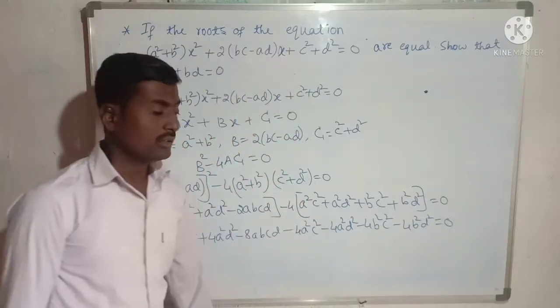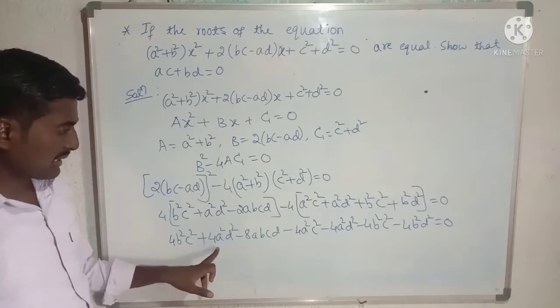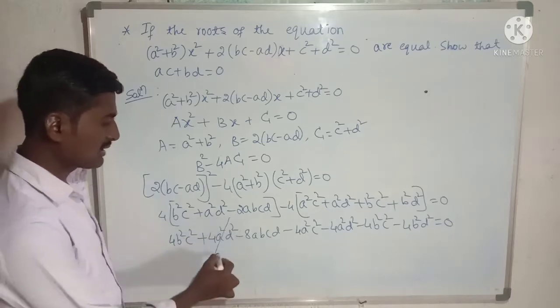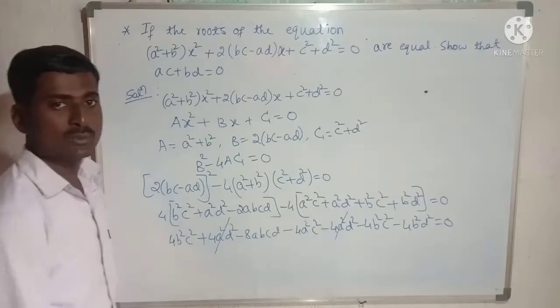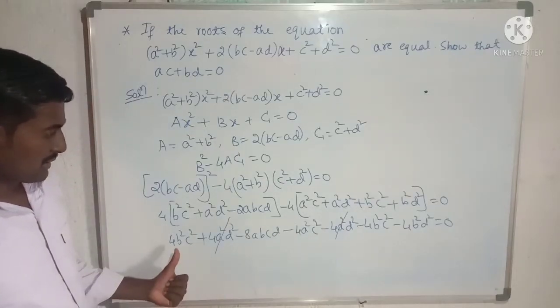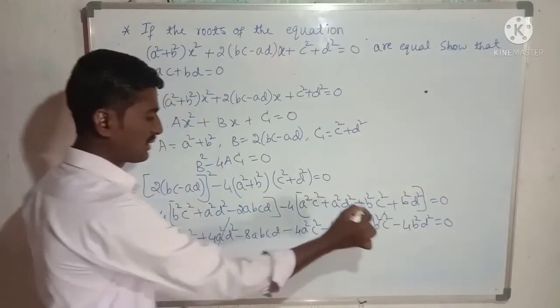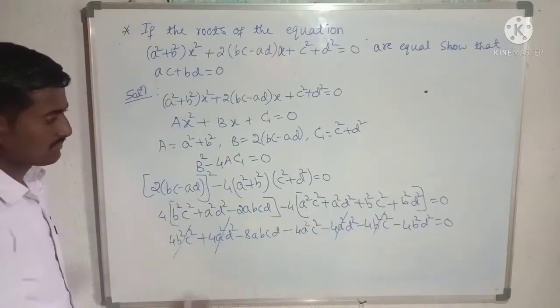Okay. Now, are there any same terms here? Plus 4a square d square and minus 4a square d square get cancelled. Any other terms? See here plus 4b square c square, here minus 4b square c square. These terms also will get cancelled.